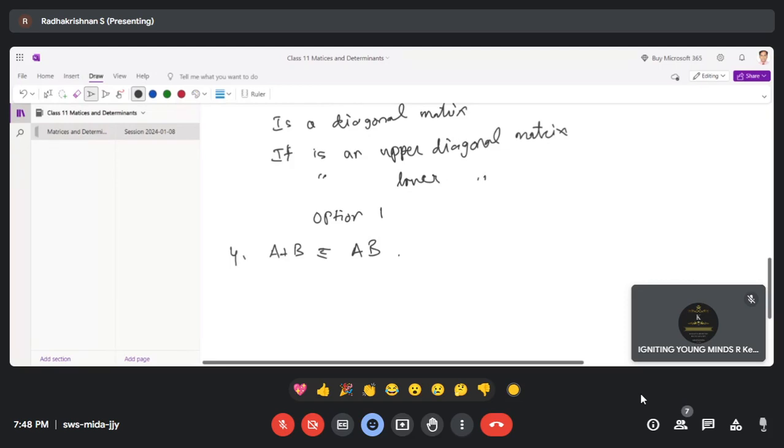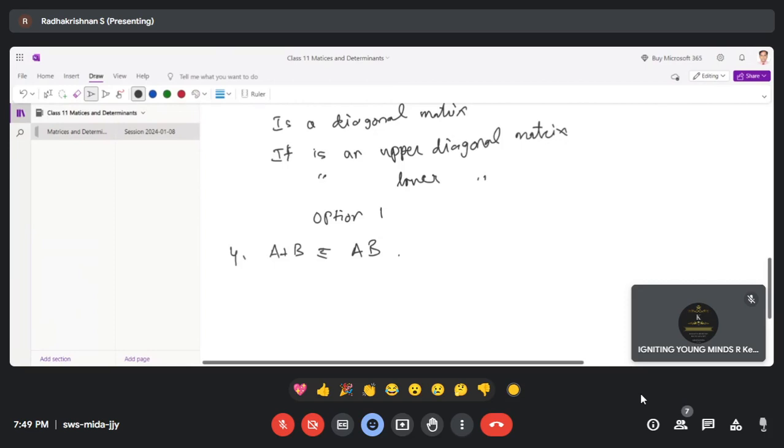So we'll go with option 2. Even though the number of columns of A equal to the number of rows of B is also true. So if you want to choose multiple options, you can choose 2 and 3. Both are correct. The number of columns of A is definitely equal to the number of rows of B in this case, because they are both square matrices of the same order.